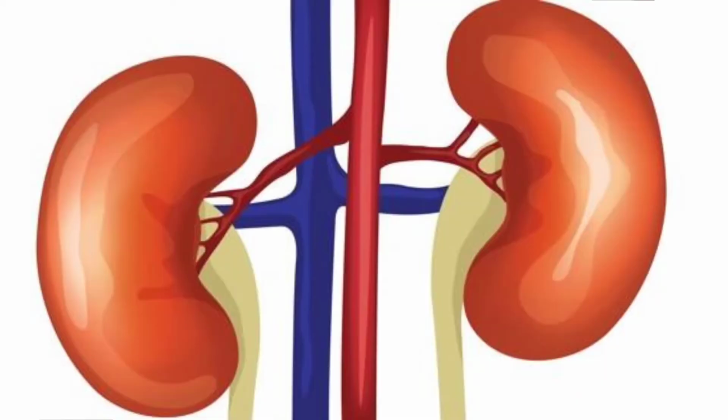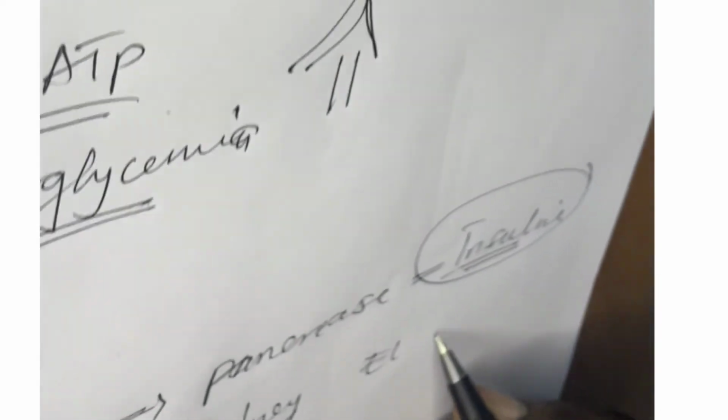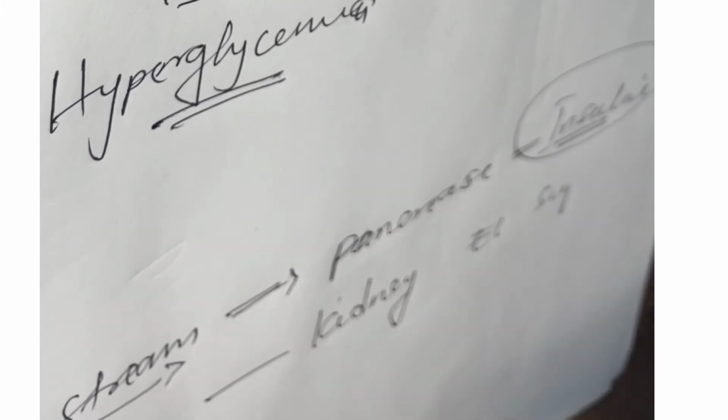While the insulin cannot be produced, the glucose will be roaming freely in the bloodstream, and the blood circulation will go to the kidney, and we know the kidney is the organ that filters the blood. Whatever is unusual, maybe electrolytes, sugar or water, it will filter the blood and remove it from there.